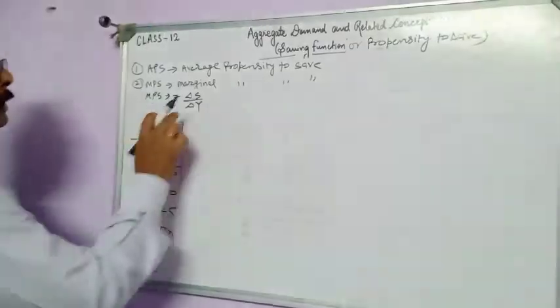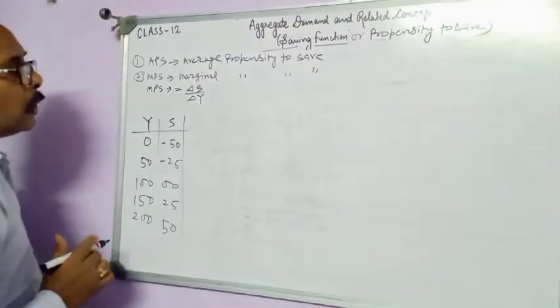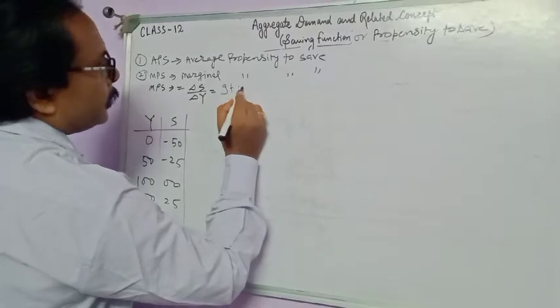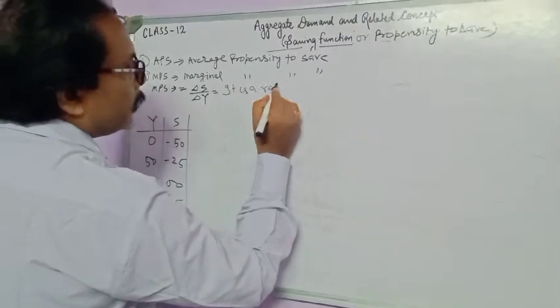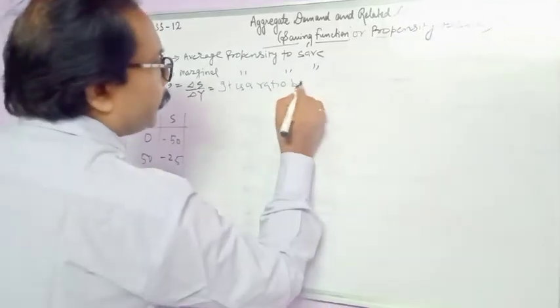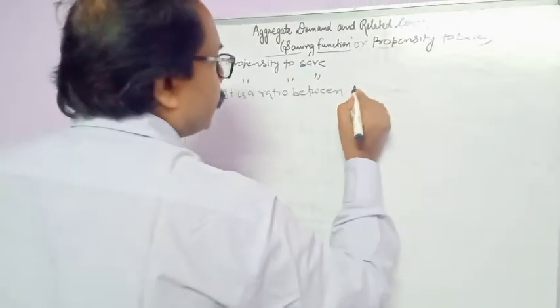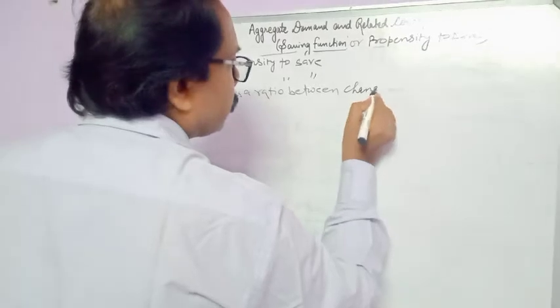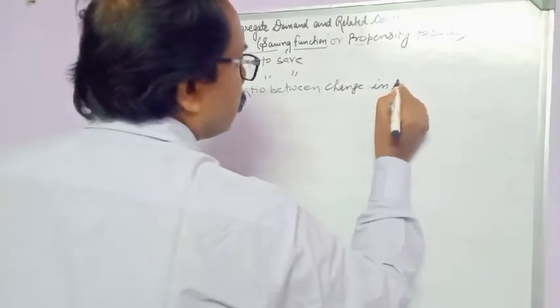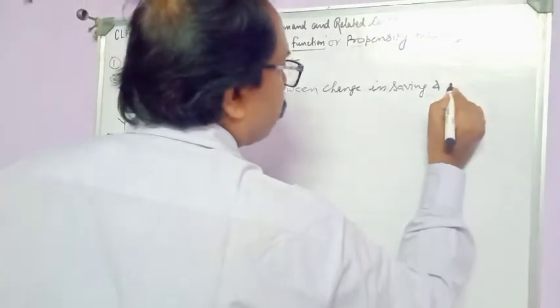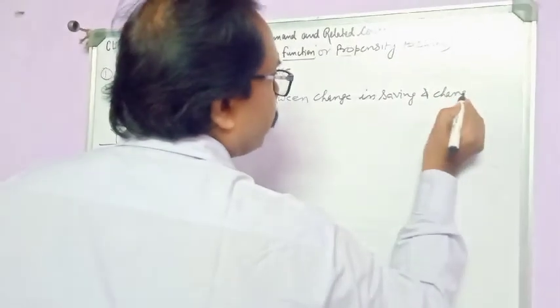Means as the income changes, saving also changes. So we can say it is a ratio between change in saving and change in income.